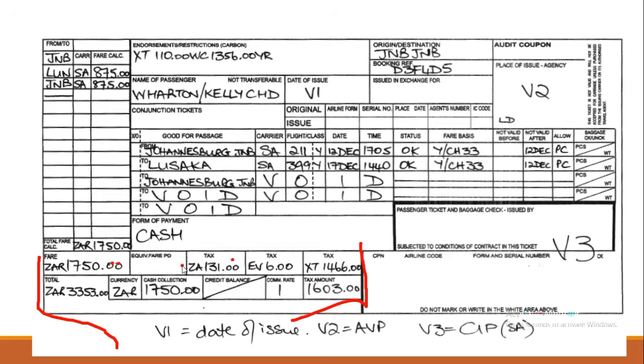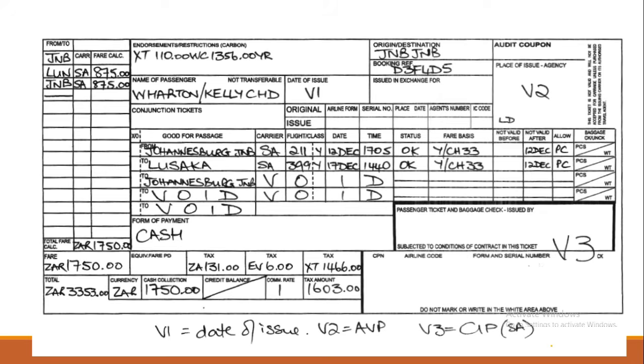So usually you will have your PSC, which is coded ZA. Then you will have your VAT, which is coded ZV, and then here you will have your XT tax, which is going to be all the other taxes that are added up after you have written your PSC and your VAT.